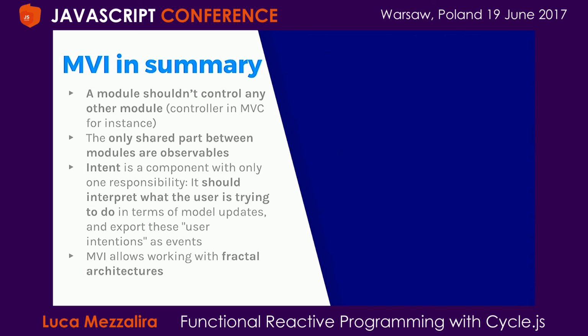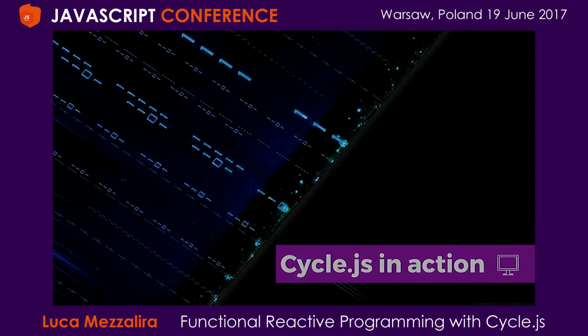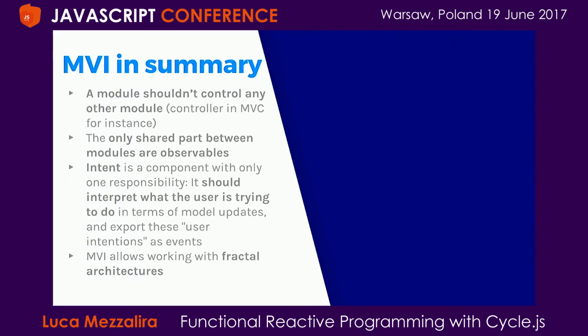What we are doing here is using an observable, a third object, in order to communicate this information anywhere. The intent is a component that should understand what the user is doing and prepare the data for the model. And MVI allows you to work in a fractal architecture, which is what I described before.